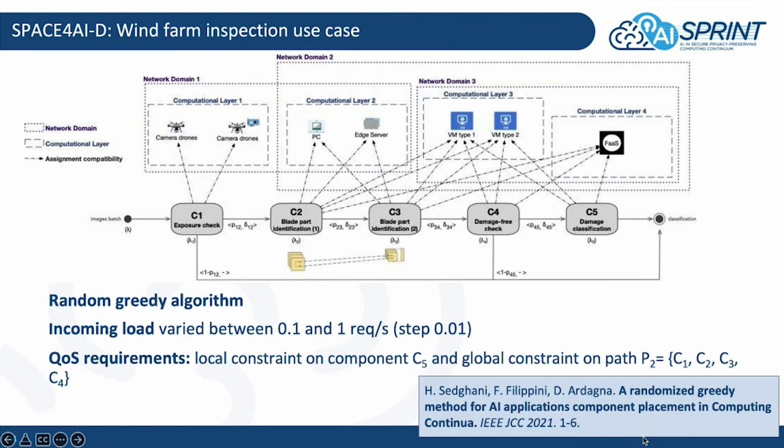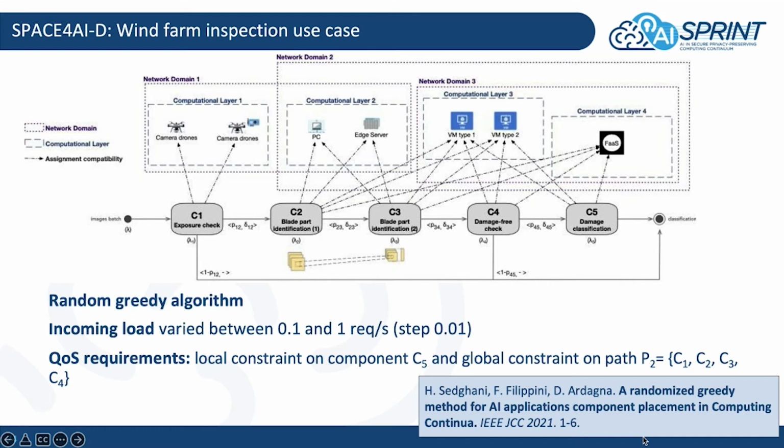This was a toy application just for demo purposes. To evaluate our proposed random greedy approach utilized by the tool, we considered a large-scale use case of identifying wind turbine blade damage, inspired by one of the use cases in AI-SPRINT, including 5 components in a pipeline, such that component 1 can go only to computational layer 1, while components 2 and 3 can be placed on computational layers 2, 3, and 4.